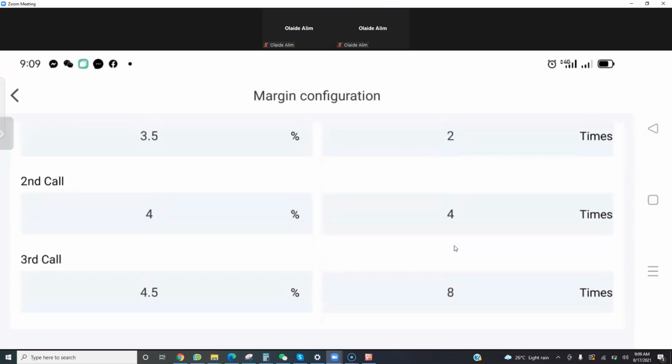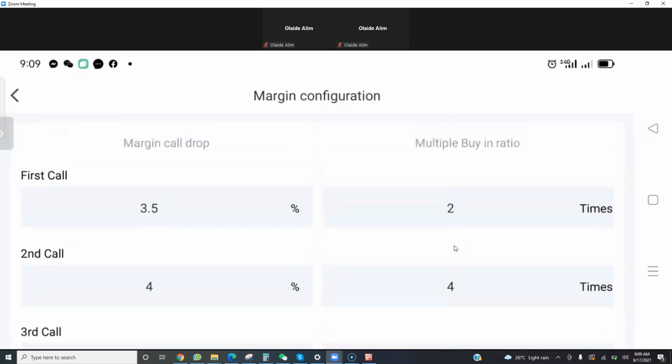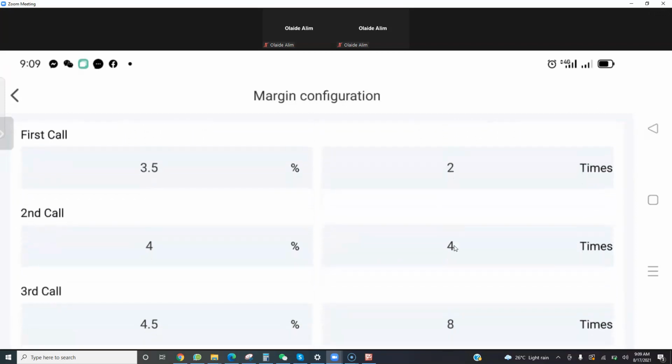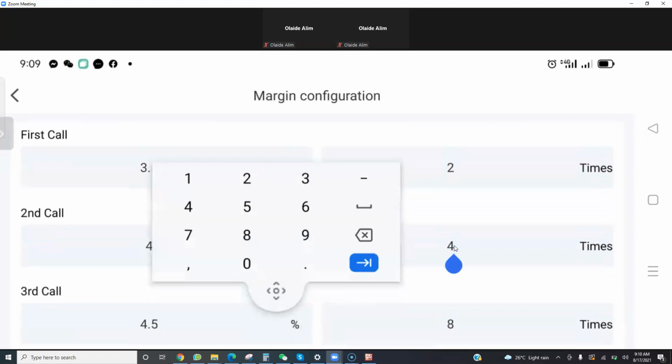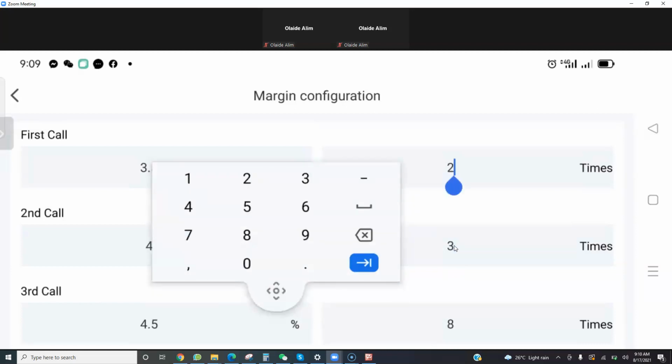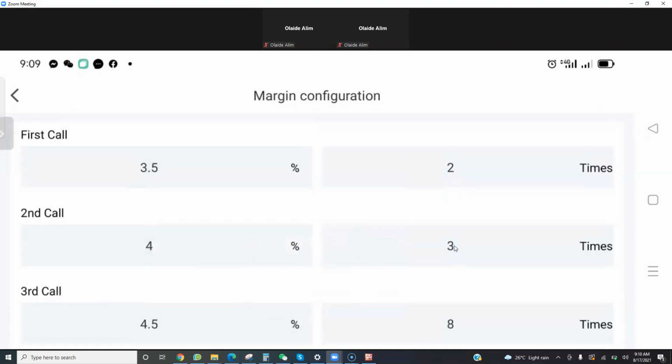So it means we are going to change this. We can change the second one to like 3. Should buy 3 times. For the first call, we've already used $10 first call plus $20, making $30.